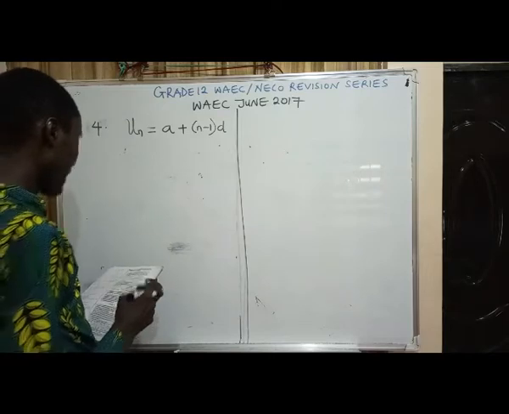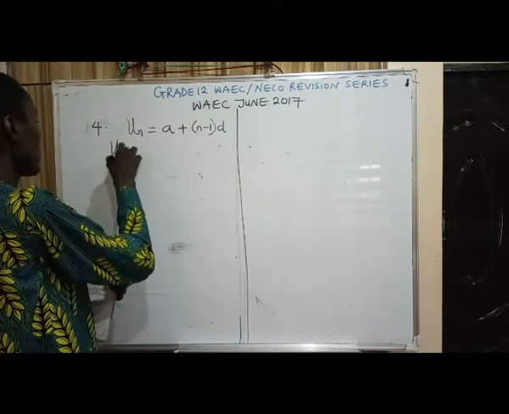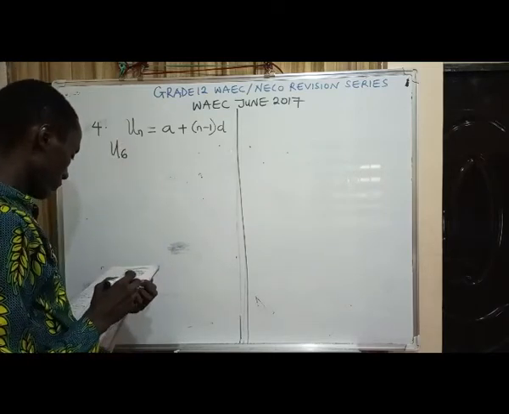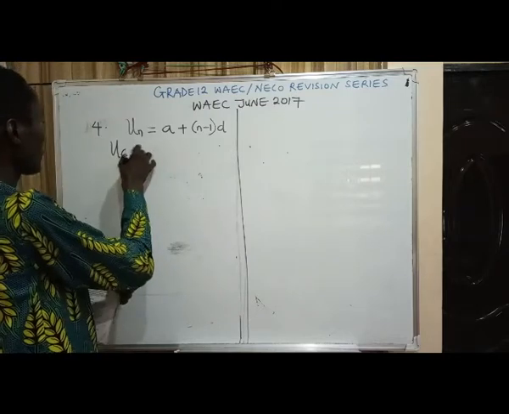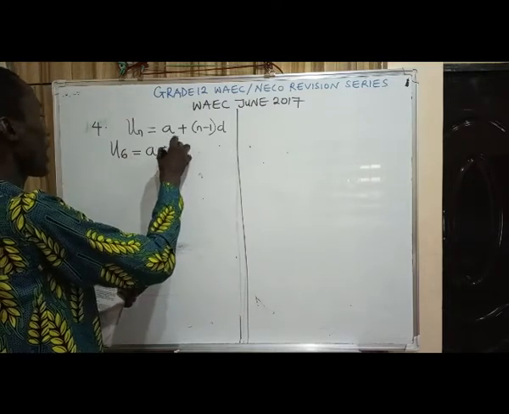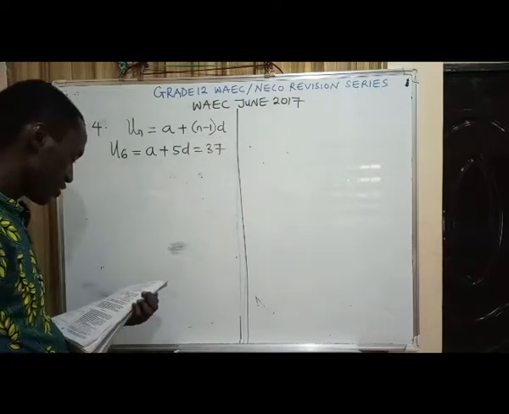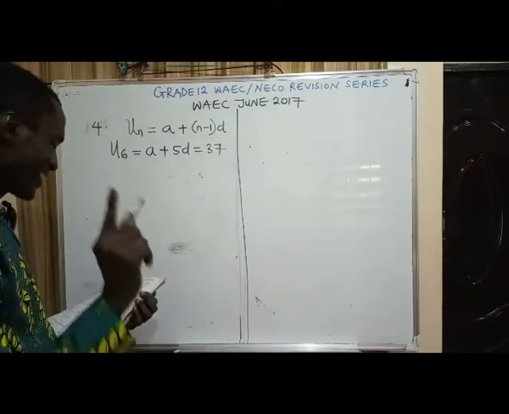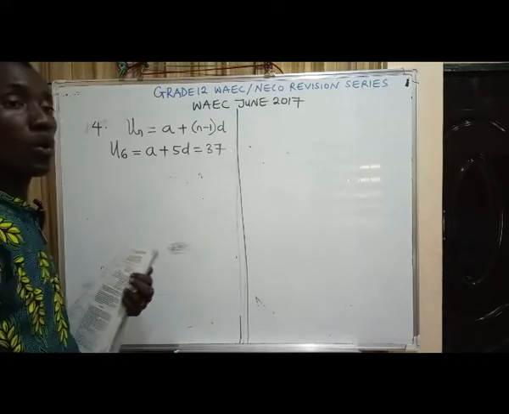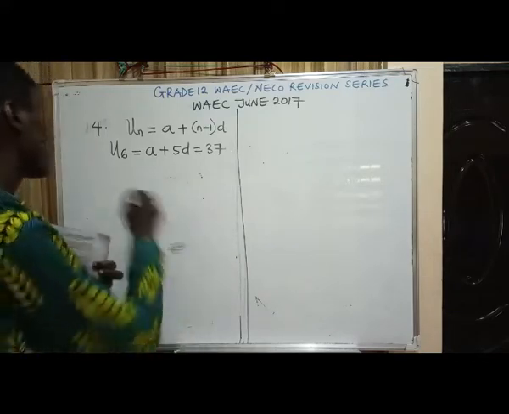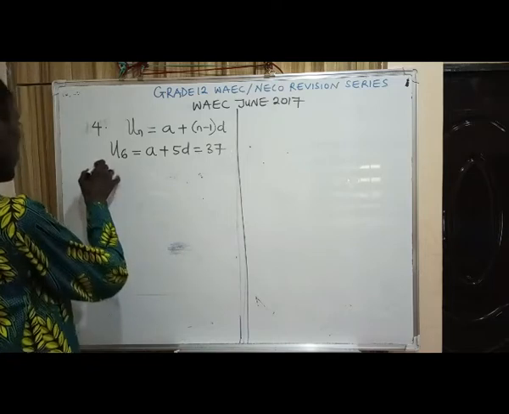Now, what do you have there? It says that the sixth term, that is U6, is a plus 5d equal to 37. It says the sum of the first 6 terms is 147. Now, this presents another new thing to us.